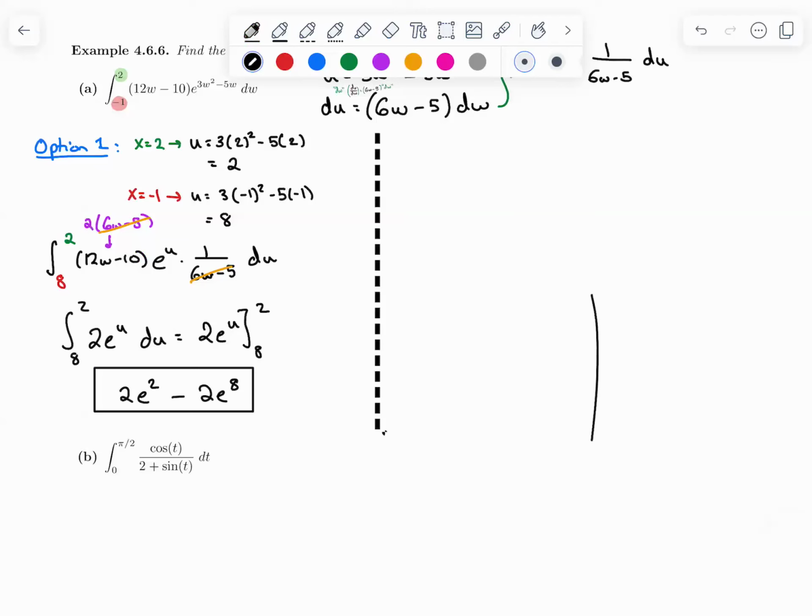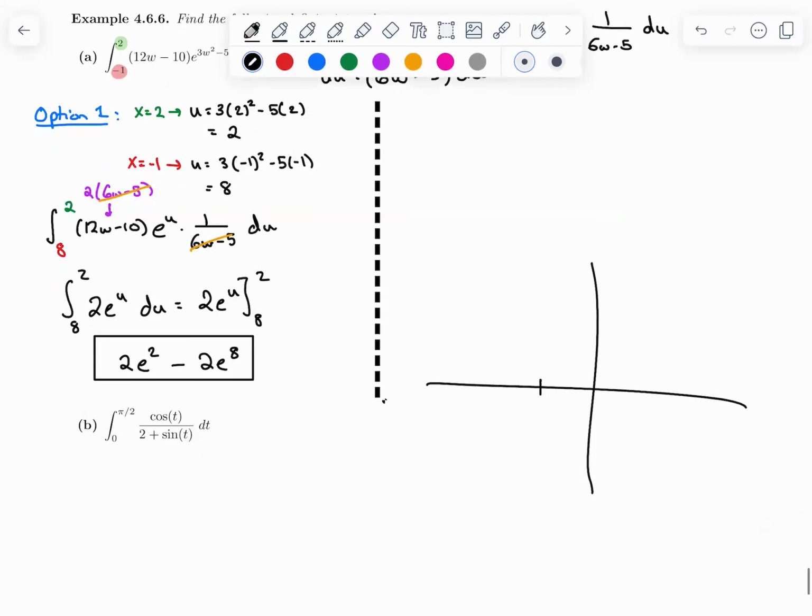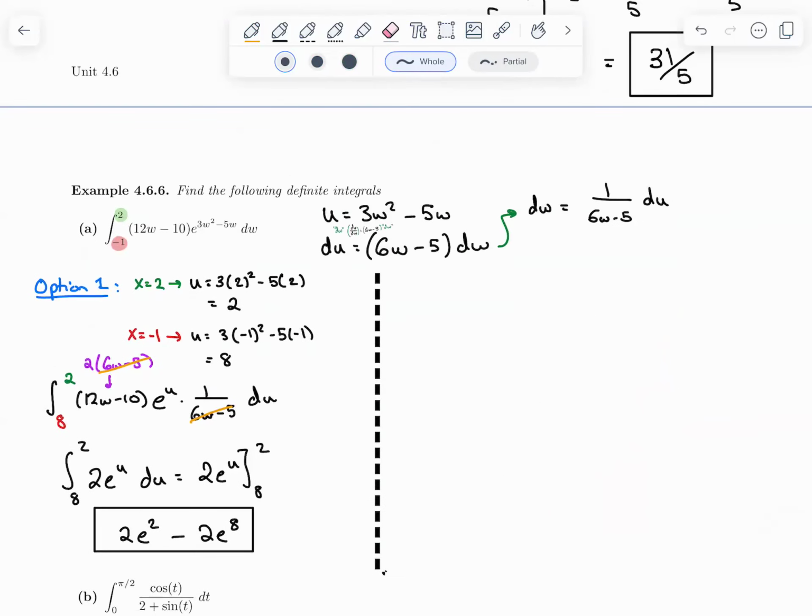If you were to draw the curve from -1 to 2, up until 5/6 it's below, and then it becomes positive. So it's natural for this thing to be negative. It is okay for a definite integral to be negative. Area is always positive, right? We talked about that in 4.2. Area is intrinsically a positive idea, but you can be below the x-axis. A definite integral can be negative. Anywho, next one. That's option 1.